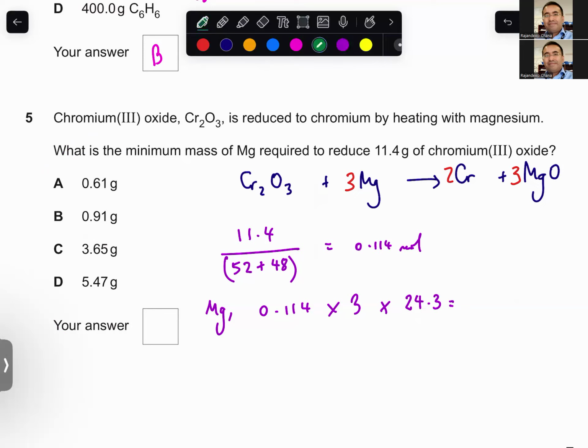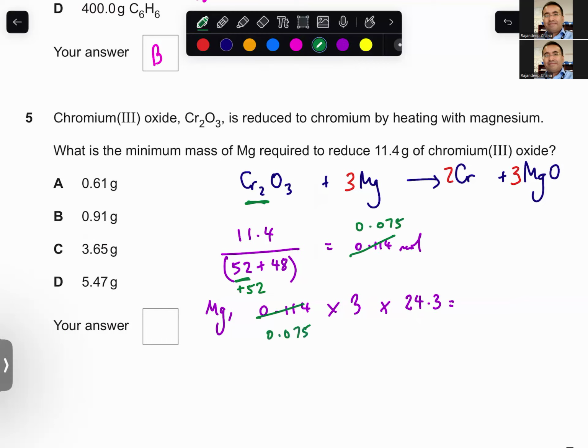Aha. I just spotted it. There's 2 chromiums, and I've only done 1 here. So this should be another 52. Let's try that. So 104 plus 48, 152. Apologies. 11.4 divided by 152 gives you 0.075 moles.